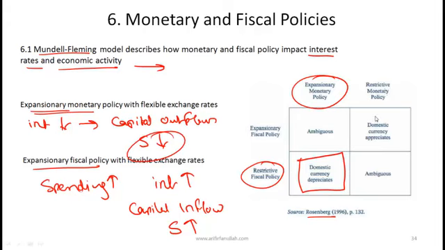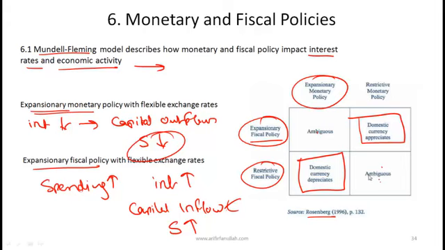A restrictive monetary policy and an expansionary fiscal policy, as we discussed here, will result in the domestic currency appreciating. And these other two areas are ambiguous. So expansionary monetary policy coupled with expansionary fiscal policy will have an ambiguous impact on exchange rates. And here also the impact is ambiguous.